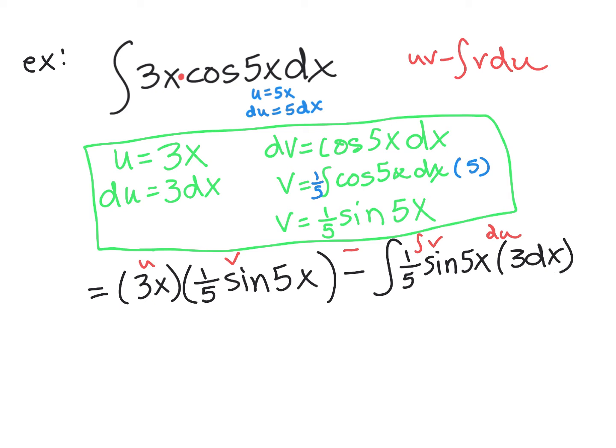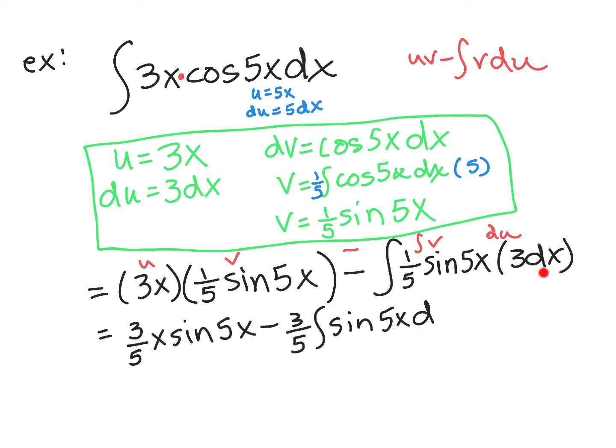Now you've got to simplify this before you move on. So here we have a 3 over a 5, an x, and a sine. This is done. You're just going to copy it. Minus a 3 over 5, sine of 5x, and a dx.